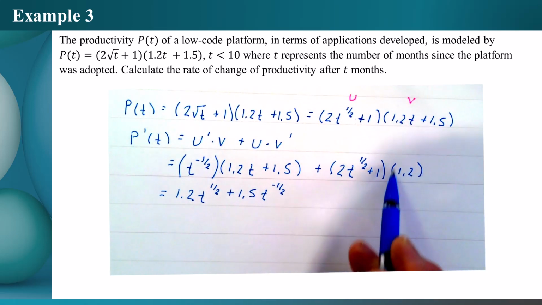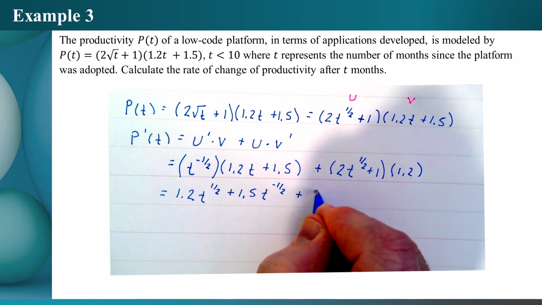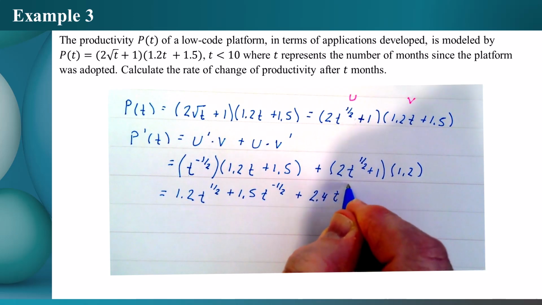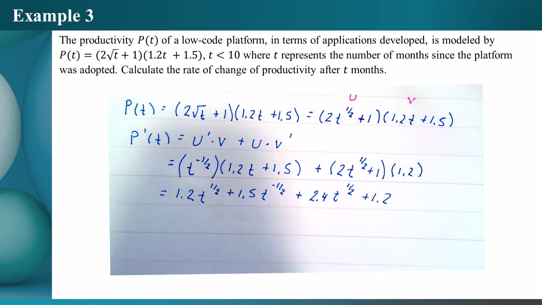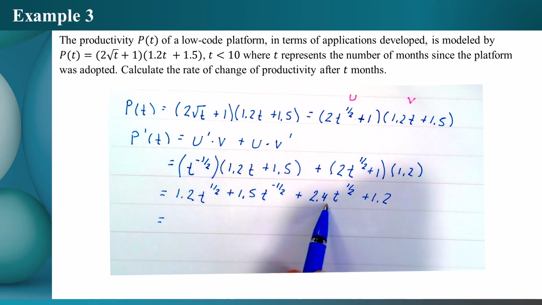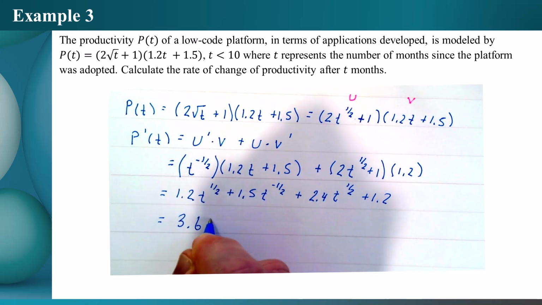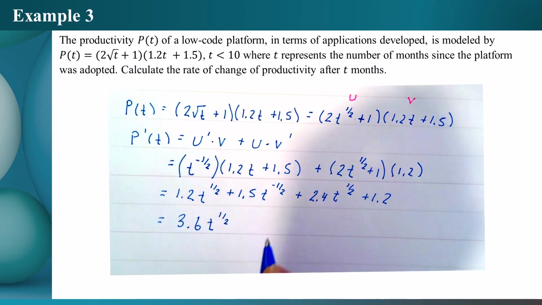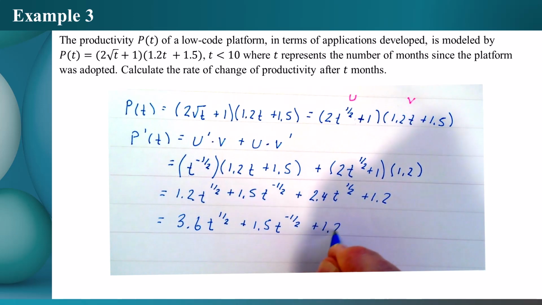And let's see over here, if I multiply 1.2 inside these parentheses, that's going to give me 2.4 t to the 1/2 plus 1.2. And let's see, it looks like I could do maybe a little bit of simplification here. I've got 1.2 t to the 1/2, and I've got 2.4 t to the 1/2, so if I combine those, I get 3.6 t to the 1/2 plus 1.5 t to the negative 1/2 plus 1.2.